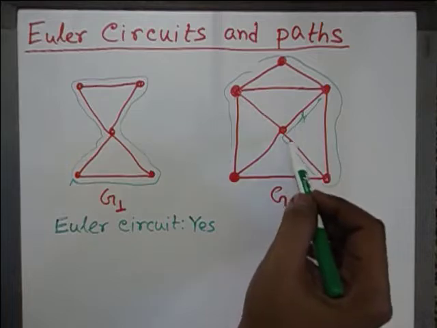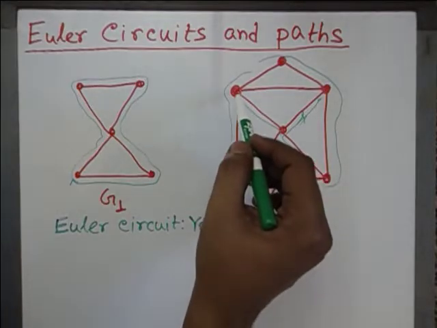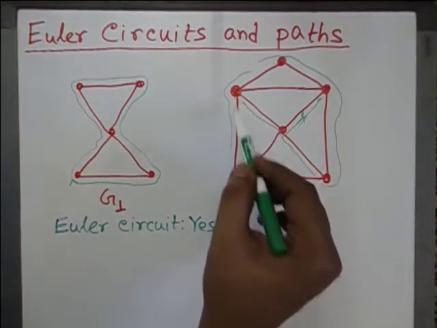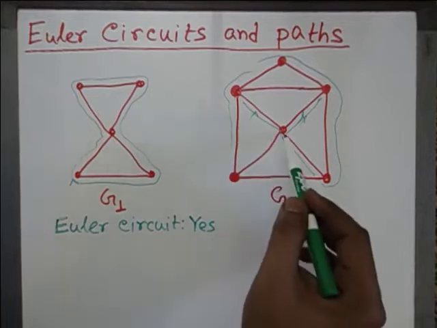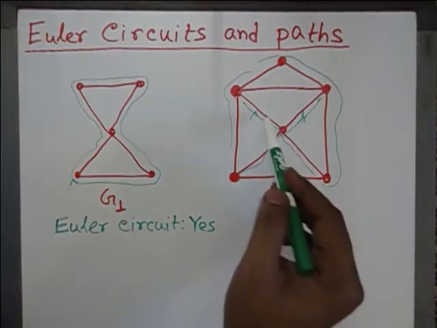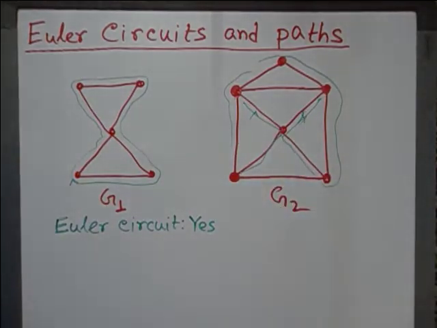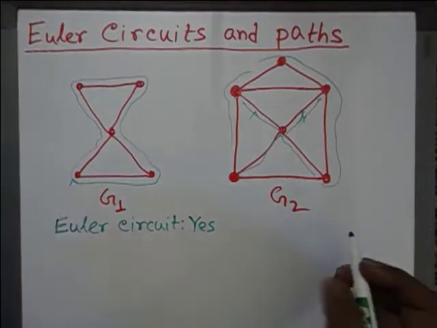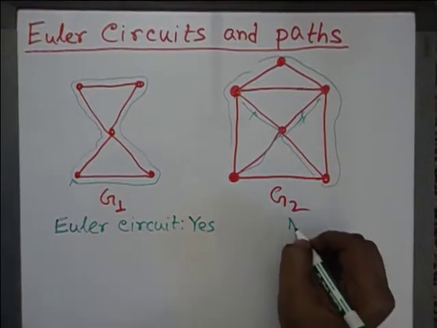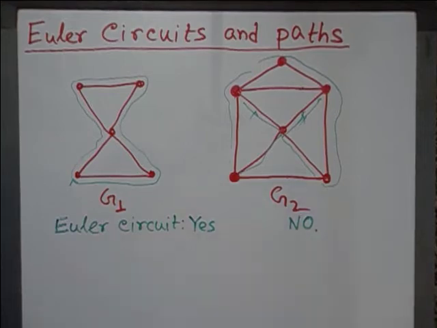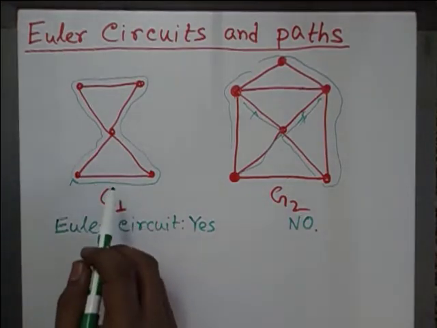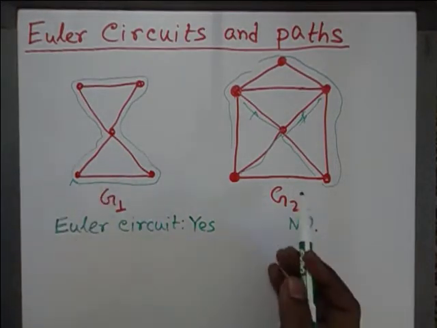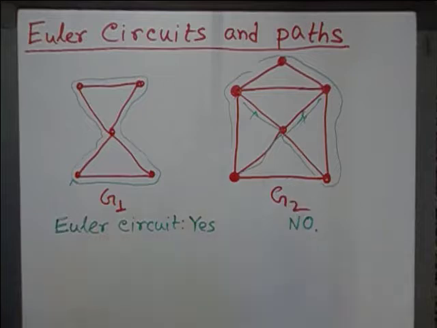This way, stuck because you already explored this edge. If you return here, these 3 edges are unexplored, so can't do that. So the answer is no. So this graph has an Euler circuit. This graph doesn't have any Euler circuit.